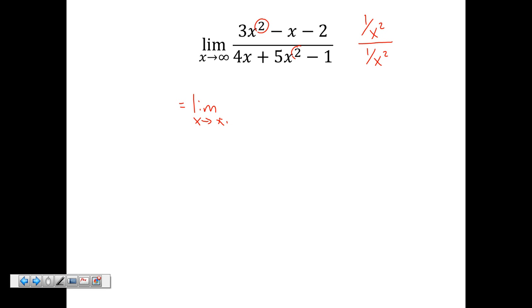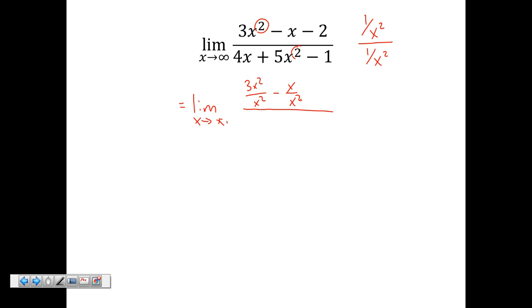But back to the algebra that's going on here. When I go 3x squared over x squared, because that's what I'm doing, I'm dividing all of these terms by x squared, some nice stuff's going to happen with that one. When I divide x by x squared, some stuff's going to happen.